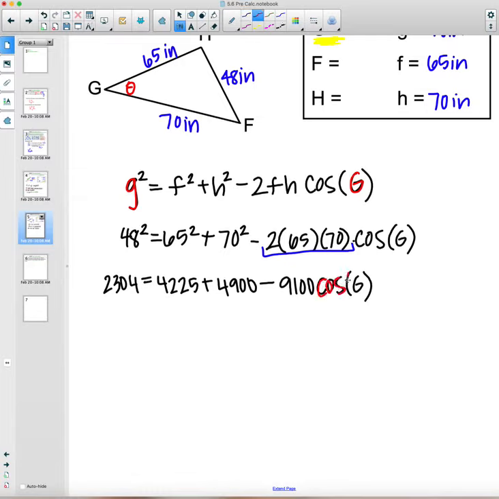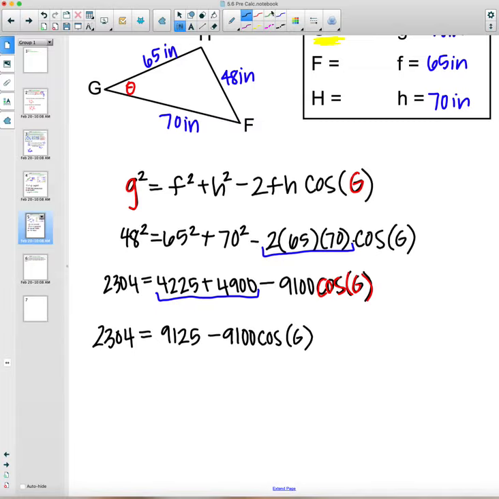So this is our variable. So we can combine these right here. So we'll get 2,304 equals, add those together. So 4,900 plus 4,225 gives you 9,125 minus 9,100 cosine of G.